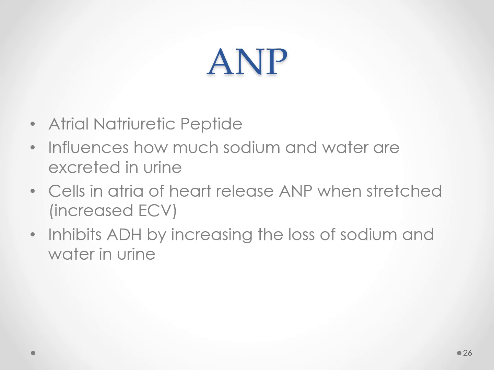ANP inhibits ADH. Okay, so it's inhibiting ADH by increasing the loss of sodium and water. This is a lot of pluses and minuses, right? So let's go back to my pen. Let me grab it. So inhibits ADH.